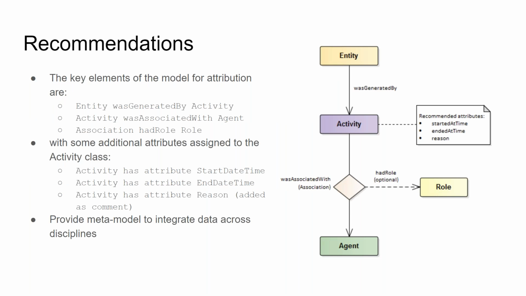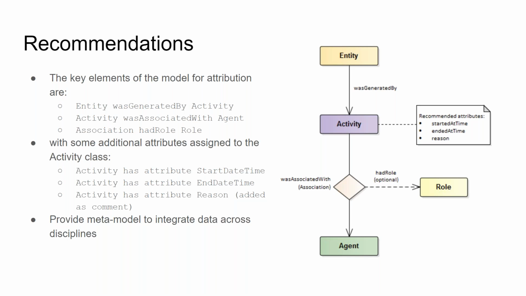And this is the recommendation that I've been talking about. It consists of 3 parts: an entity, which is the specimen or the data object, and that is generated by some activity, which is what the person is doing, and is associated with some agent. So the agent is the person or the institution that engages in a curation activity and that generates some sort of new object or transformed object or metadata about an object.